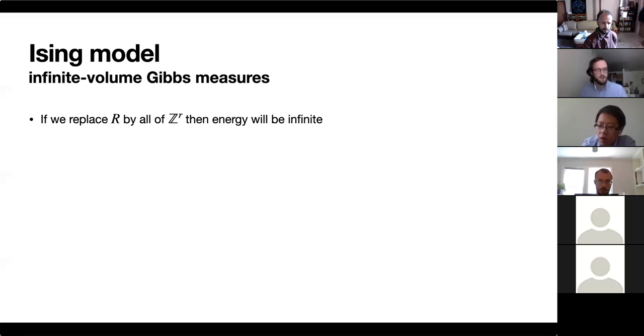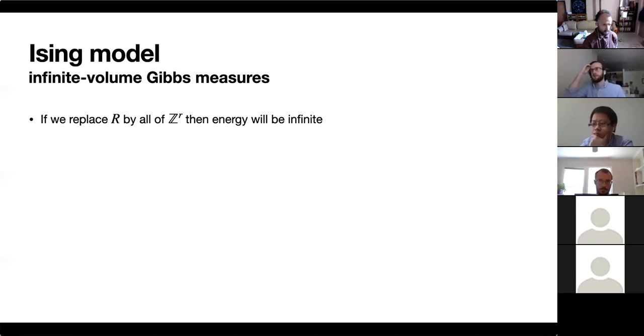But energy was a sum over all these pairwise interactions and interactions with the field. So that's just not going to converge, right? Well, in very specific cases it could converge, but there's no reason to expect it to. So we can't just generalize the definition using the same formula.